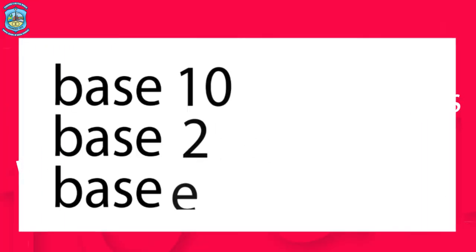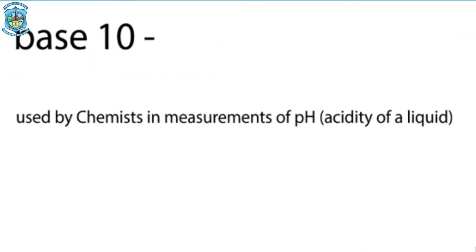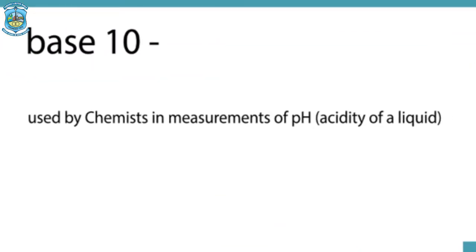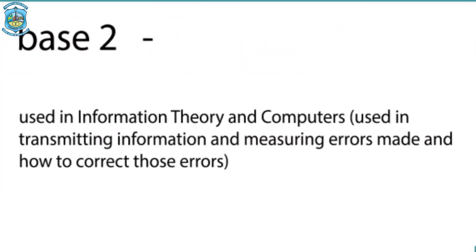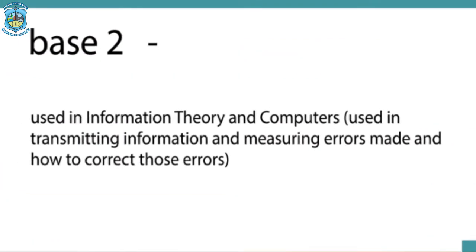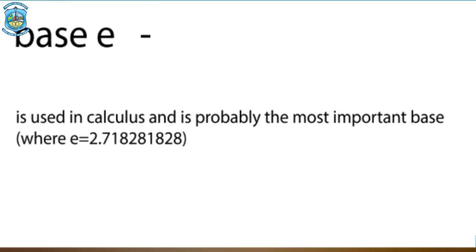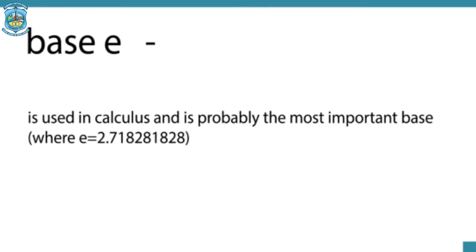With regards to different bases, we have base 10, we have base 2, and we have base e. Base 10 is used by chemists in measurement of the pH value, which measures acidity of a liquid. Base 2 is used in information theory and computers. It is used in transmission of information and measuring the errors made and how to correct those errors.